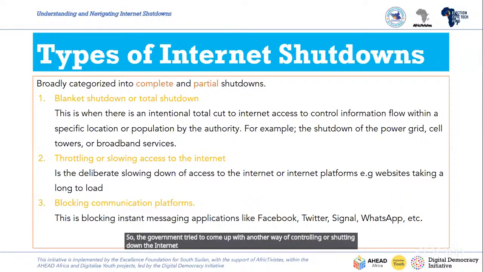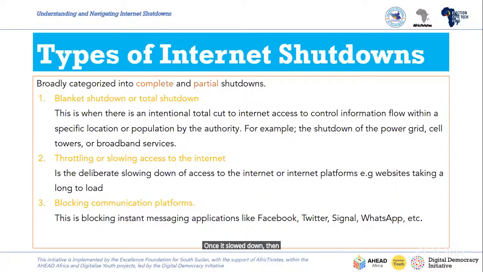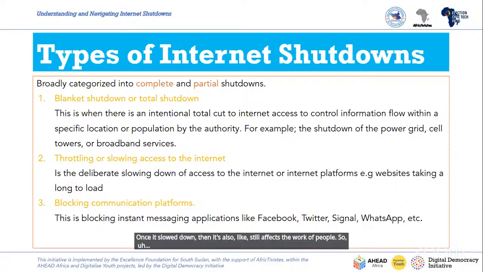They brought in throttling, where they just slow down the internet. They don't cut it off, but they slow it down. Once it is slowed down, it still affects the work of people, so they achieve their goal of controlling the flow of information. So this is another form of internet shutdown.